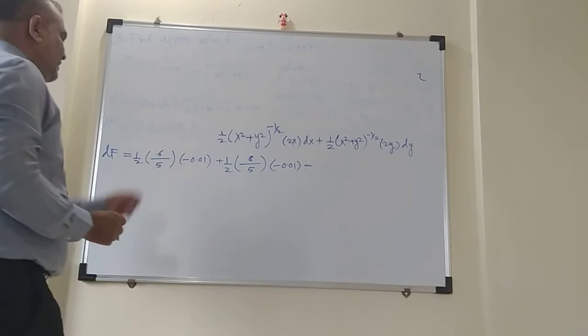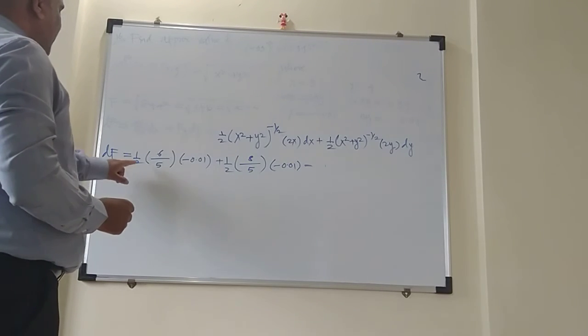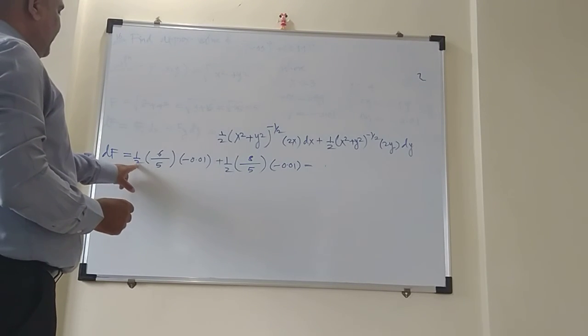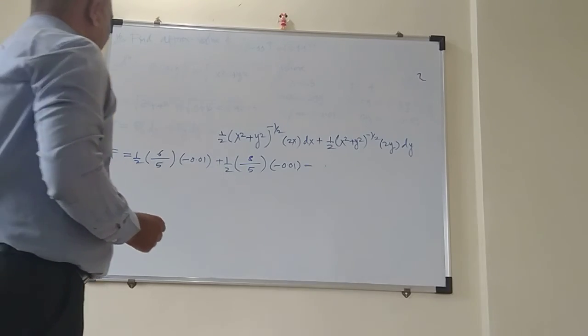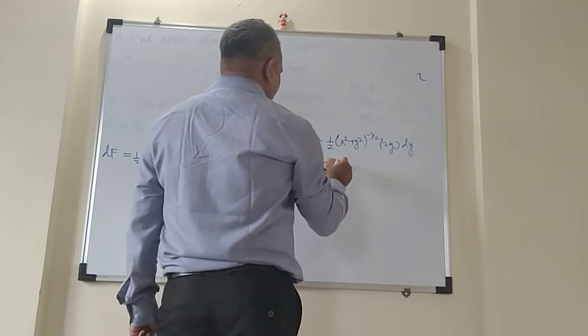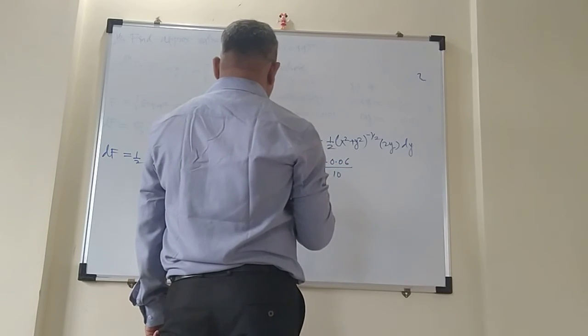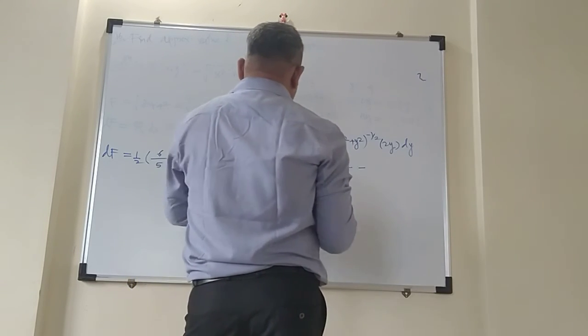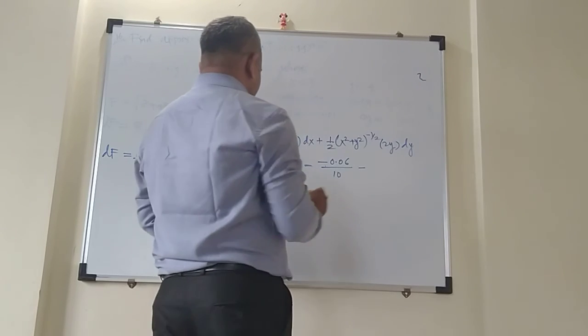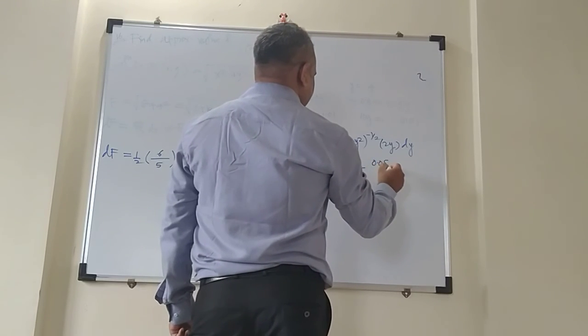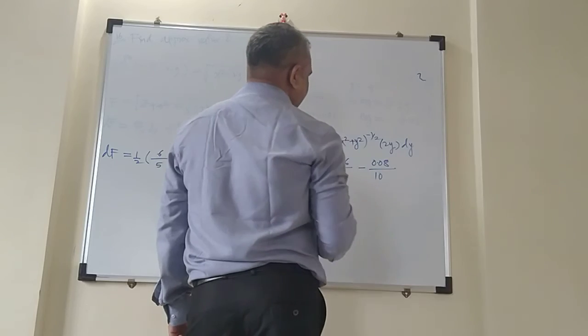If you simplify this equation, you will get, let me simplify this as 1/10 and minus 0.06 divided by 10, minus, this is also negative, 0.08 divided by 10.